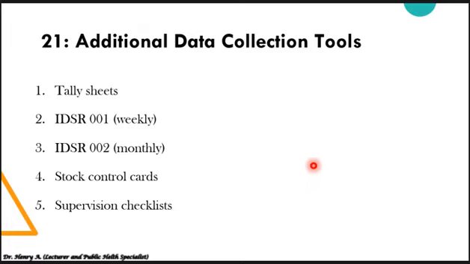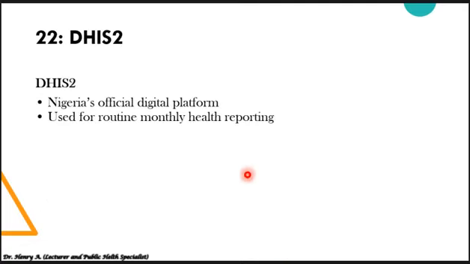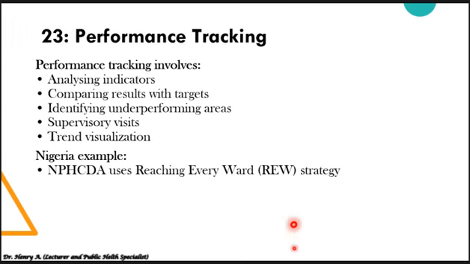So these are different additional data collection tools that are used. We also use in Nigeria specifically DHIS2, which is Nigeria's official digital platform, and it is used for routine monthly health reporting. You need to know that because it could be asked.